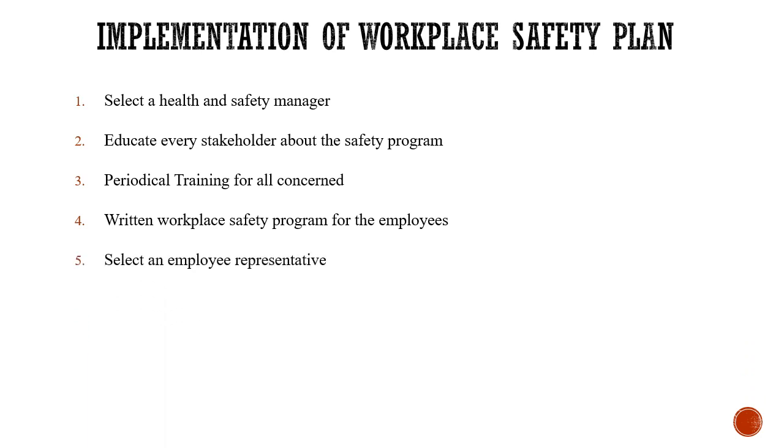Fifth step, select an employee representative for safety promotion. Sixth one, identify their roles. Seventh one, assign responsibility for the individuals. Follow through with the plan. So these are some of the steps involved for the implementation of a workplace safety plan.